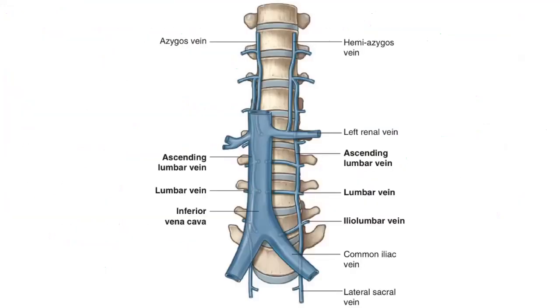You see, this is the inferior vena cava, right? This is the hemiazygos vein. Azygos and hemiazygos veins, right? So this long, slender one is the ascending lumbar vein. It connects the azygos vein to the common iliac and iliolumbar veins. This is the iliolumbar, and this is lumbar.